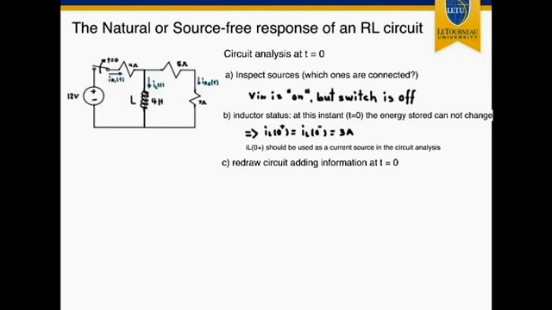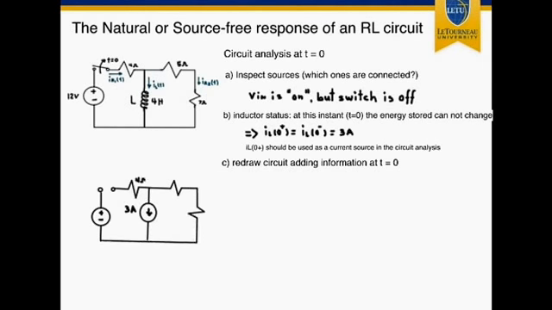Then let's redraw the circuit. The switch is off. We have the inductor as a 3 amp source and the resistors 4, 5, and 7 ohms. The currents that we need, I sub R1, I sub L, and I sub R2. We can see that current I sub R1 is 0 because the switch is off. The only current that flows is the current from the inductor.